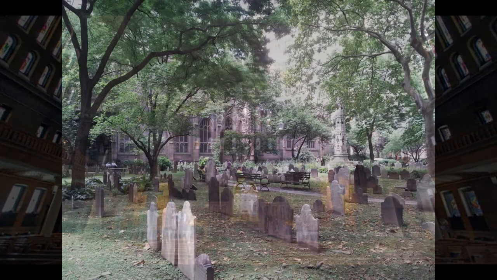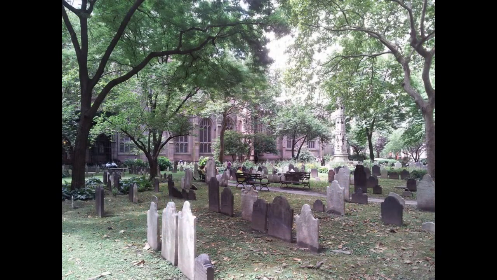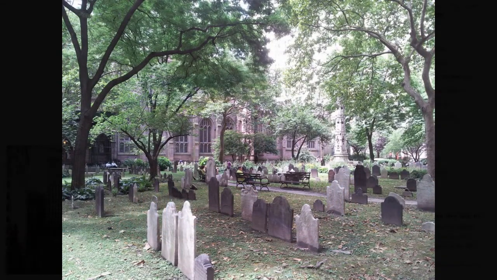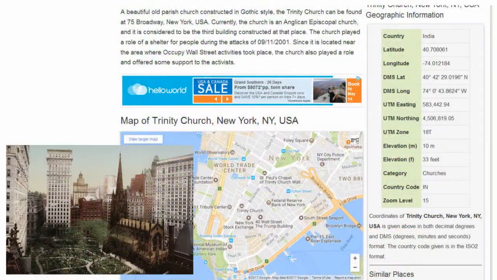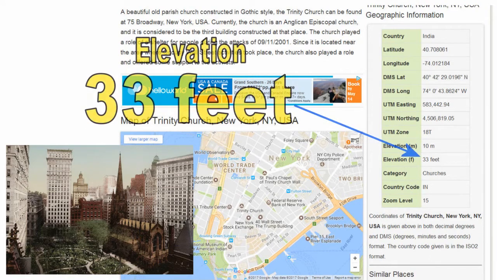And again, if you do a search you can read much more into these, many more of the details. But an interesting point about the church is that the elevation is 33 feet. That it was put there and that it was measured, even I used to think, well, that's not important.